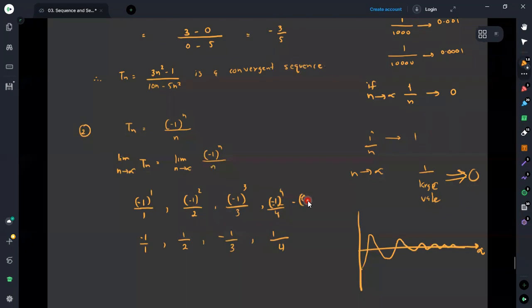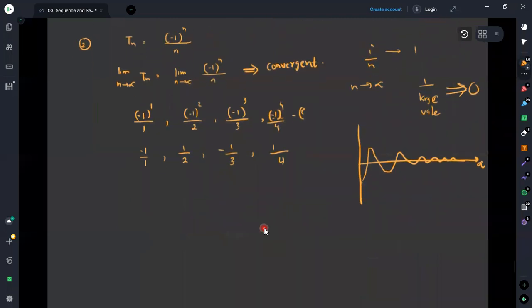Therefore, we can say this sequence is a convergent sequence. Here, if it is divided by n, as n goes to infinity it has a finite value, and we can say it is convergent, even though we had this minus 1 to the power n.